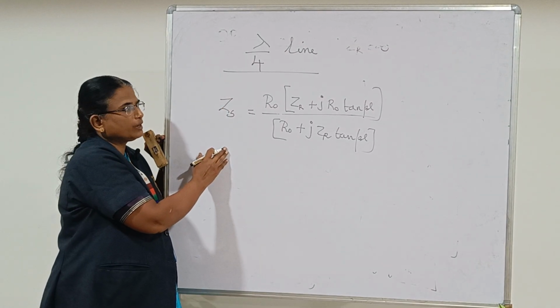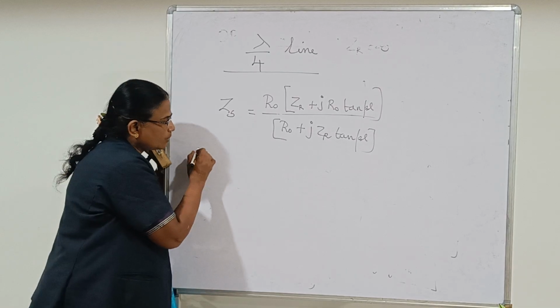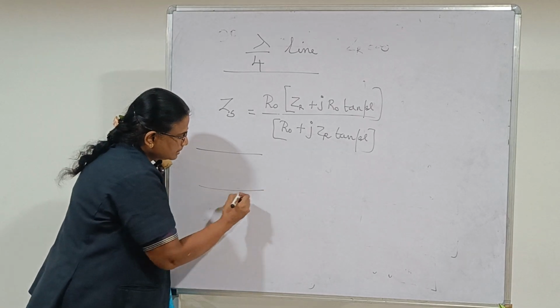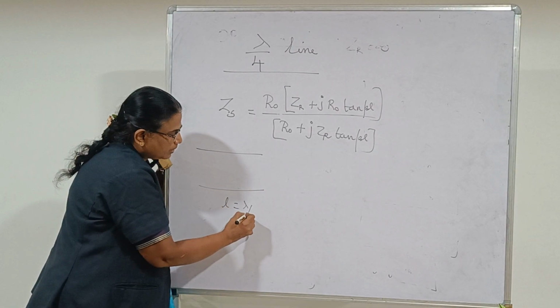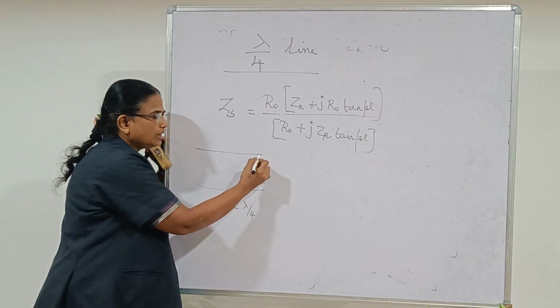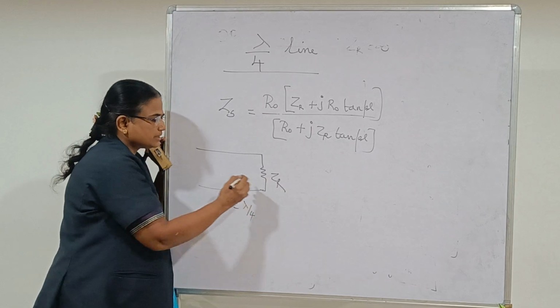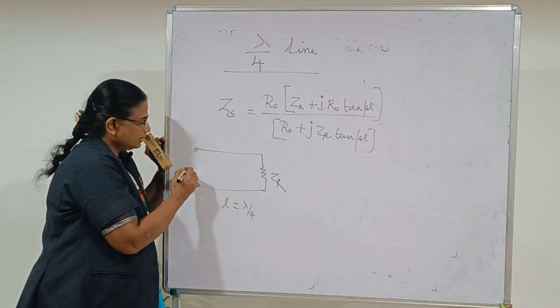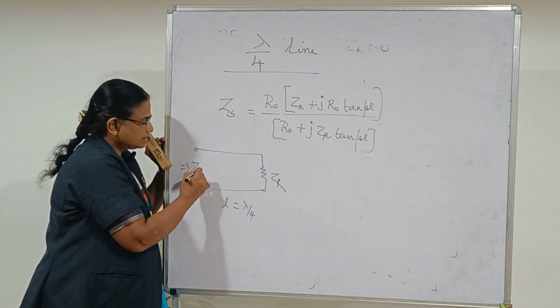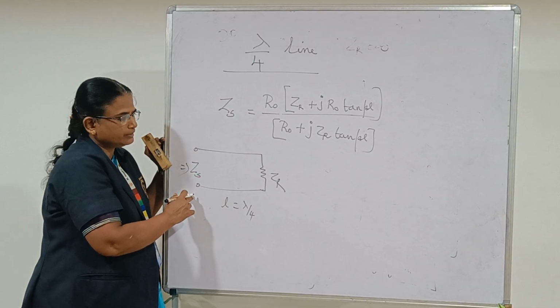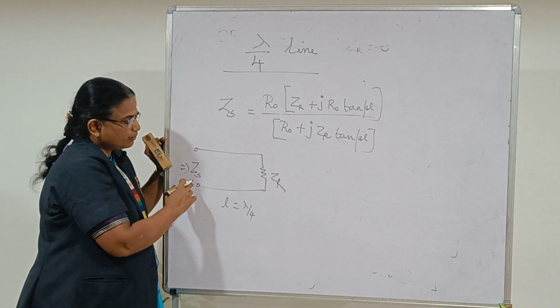What is a lambda by 4 line? A lambda by 4 line is one whose length is lambda by 4. So now L is lambda by 4 and this line is also terminated by an impedance ZR. Now we are going to find out the impedance across the input terminals of this lambda by 4 line.